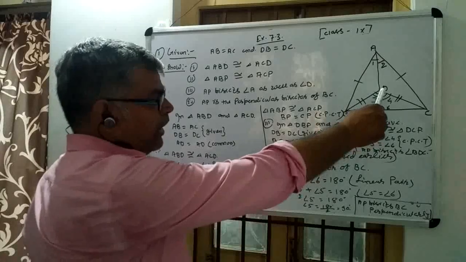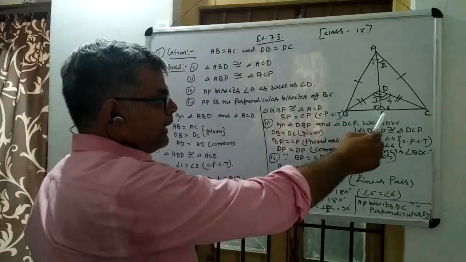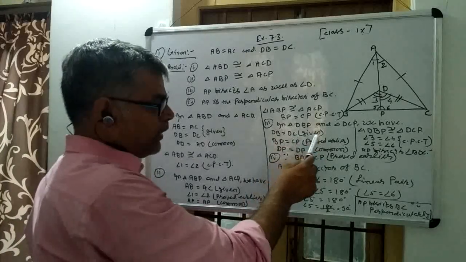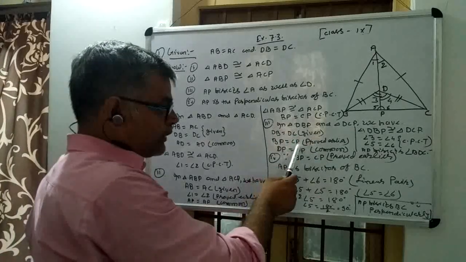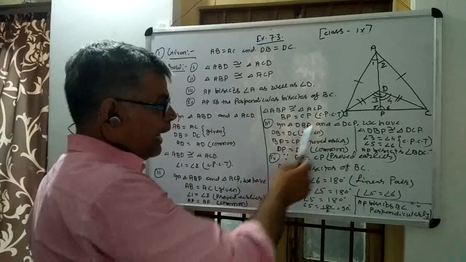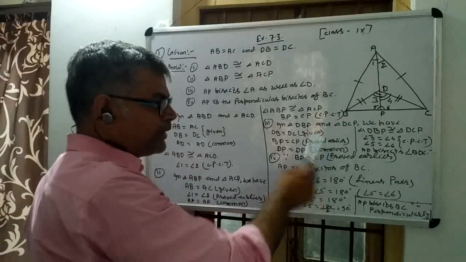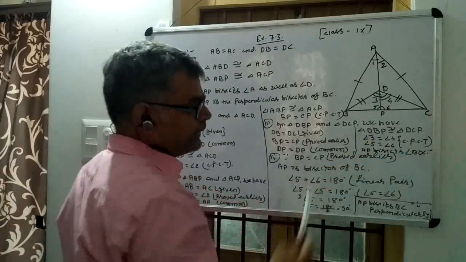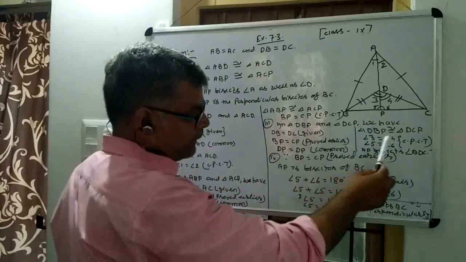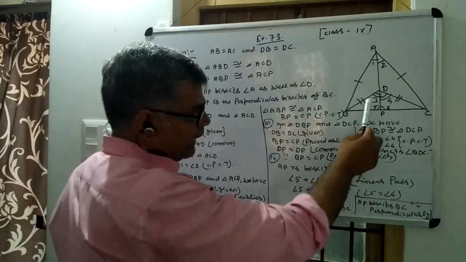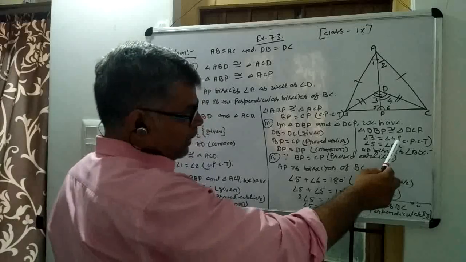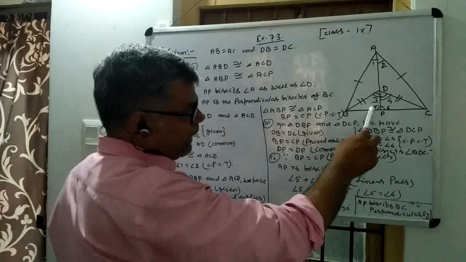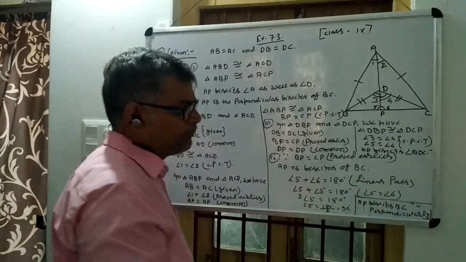So now in triangle DBP and triangle DCP, we have DB equals DC, already given, BP equals CP, proved earlier, and DP equals DP, which is common. So triangle DBP becomes congruent to triangle DCP, and when these two triangles become congruent, we have angle 3 equals angle 4, from where it proves that AP bisects angle D also, and we have angle 5 also equals angle 6 by CPCT.